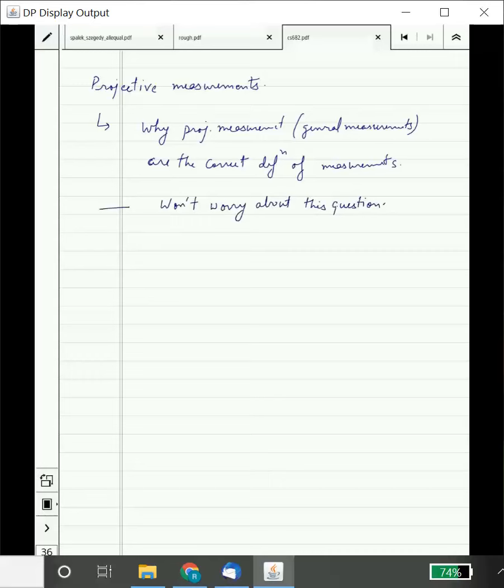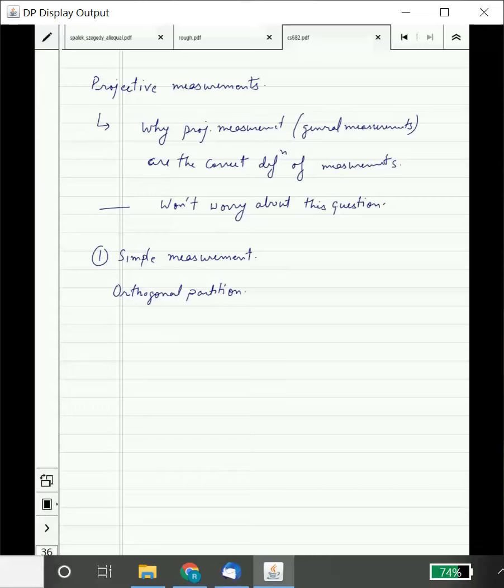We already know a simple measurement system, which was projective measurement. Basically, you take a partition, I should say an orthogonal partition, of your complete space, and then the measurement is that you are projecting your state into one of the subspaces.